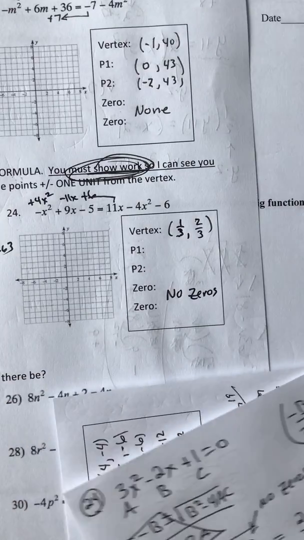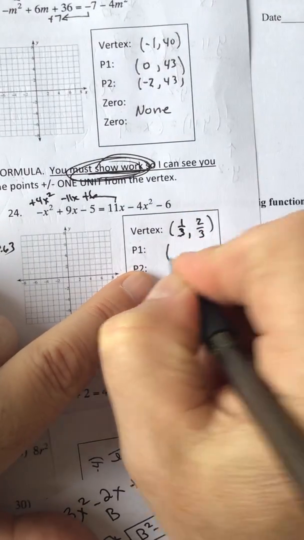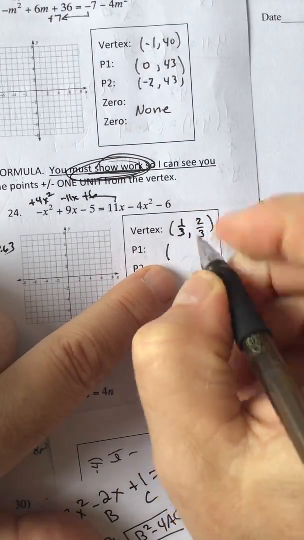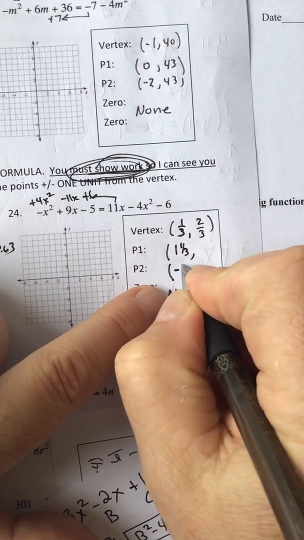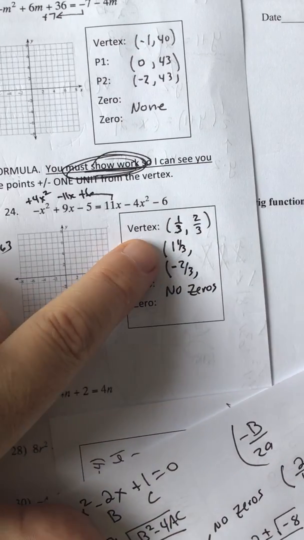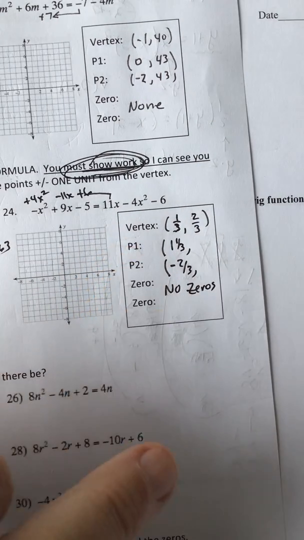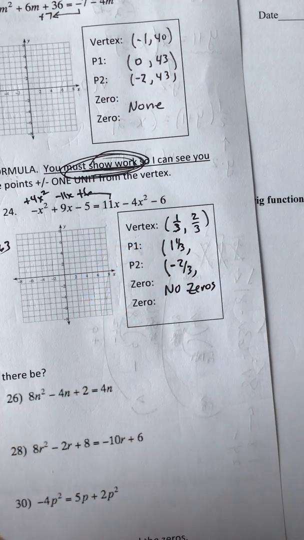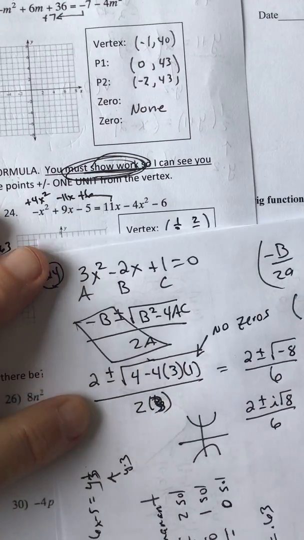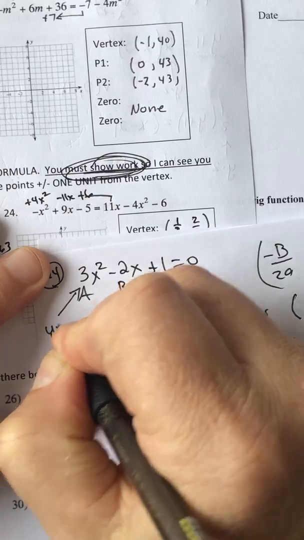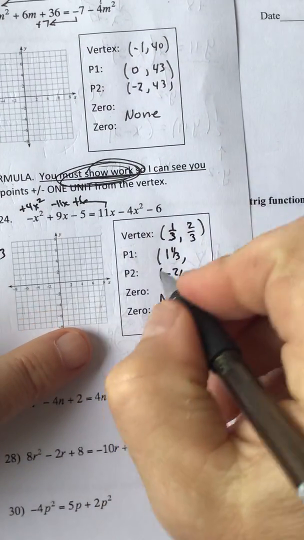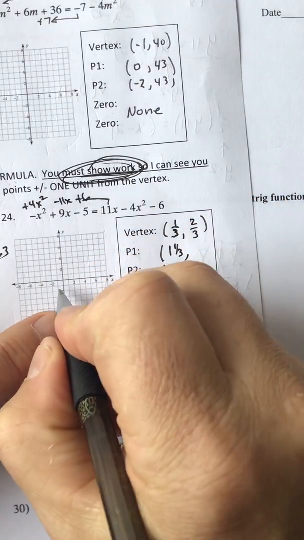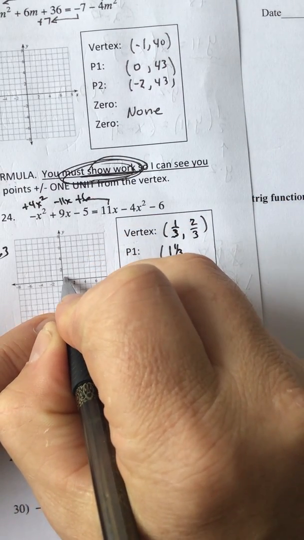All right, so if I go over 1 from there, if I add 1 to 1/3, it'd be 1 and 1/3. If I subtract 1 from 1/3, it'd be negative 2/3. So that's to the right one and to the left one. And number 24 has a y multiplier of 3. Okay, so instead of going over 1, up 1, so 1/3, 2/3, by the way, is right about there.